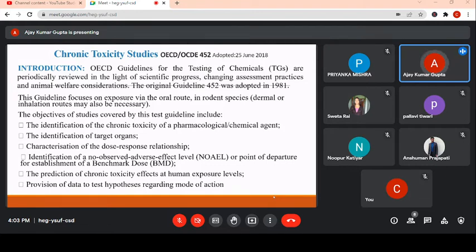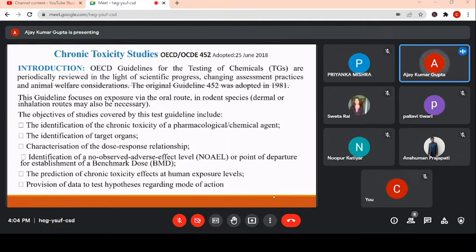So let's start with the introduction of this chronic toxicity study, OECD OCDE 452. So this term TG you may see, which is not at all related with the abbreviation testing of chemicals, and that is why most of the time when you study the literature you get confused, and that is why purple has been mentioned over here. OECD guidelines for the testing of chemicals. The testing of chemicals is abbreviated as TGs.